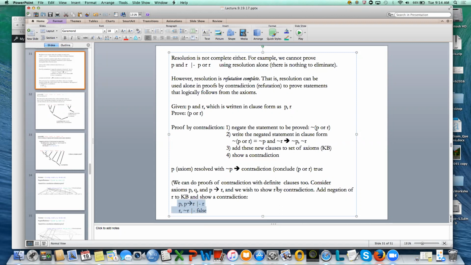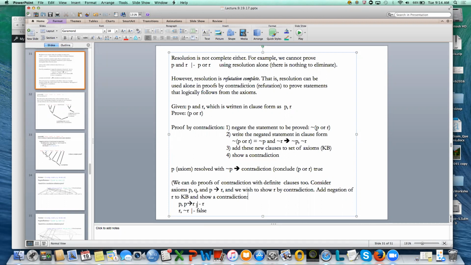So if I want to prove R by contradiction using just implication operators and modus ponens, as well as potentially some other operators, I would negate R, add it to the knowledge base, and then do these steps, and I would see whether R and not R both followed from the axioms plus the negated statement. So in this case, it does in fact add a contradiction to the database.